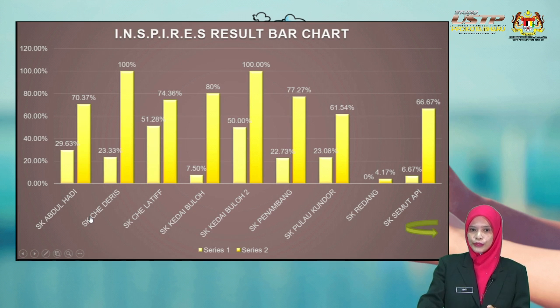SK Kedai Buloh 2, from 50%, they achieved 100% passes. And for SK Penambang, from 22.73%, they got 77.27%.